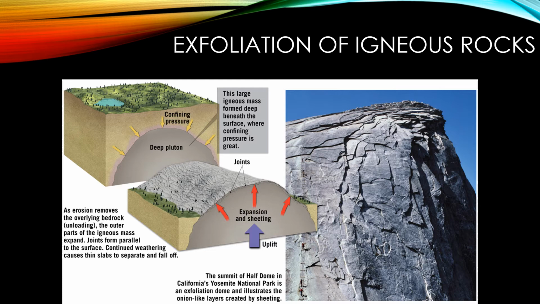However, as weathering and erosion of the overlying rock ultimately exposed the once deep pluton to the surface, that reduction in the overlying pressure causes an expansion of the granite near the granite surface. And then that results in fracturing and sheeting, and then gravity results in some of the sheets of that granite falling down towards the earth.